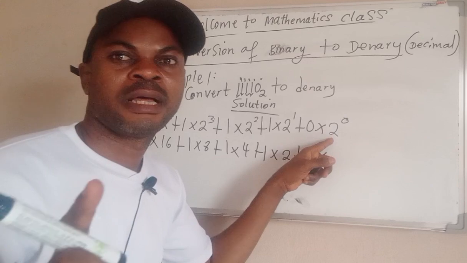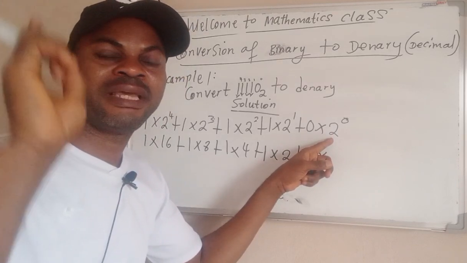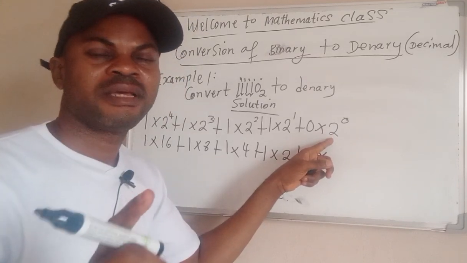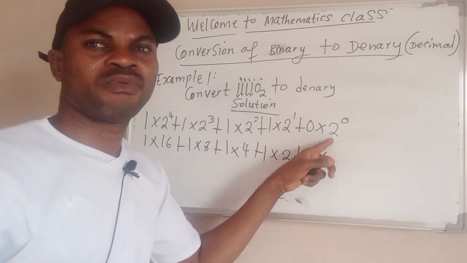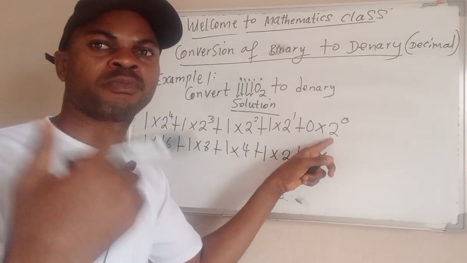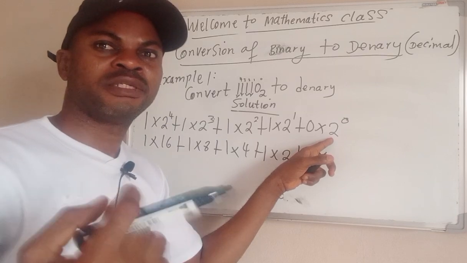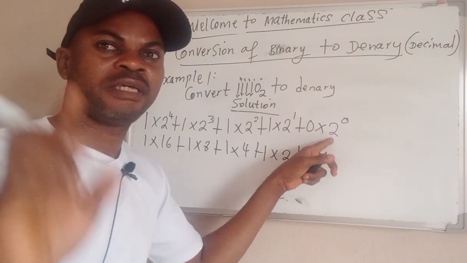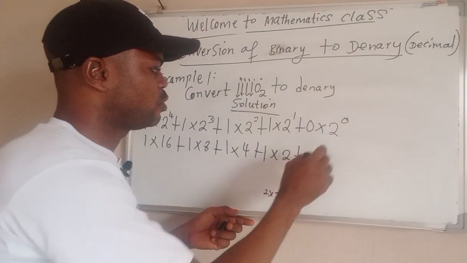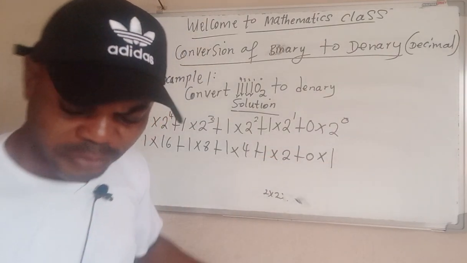Get this principle in mind: anything raised to power 0 in mathematics is 1. Even if it is 1 million raised to power 0, 1 billion raised to power 0, it is still 1. Even an alphabet like A raised to power 0, B raised to power 0, it is still 1. The principle is anything raised to power 0 is 1. So we say 2 raised to power 0 gives you 1 right here.